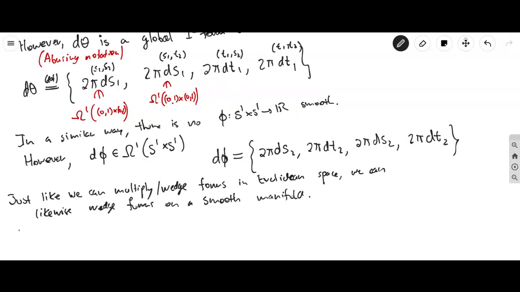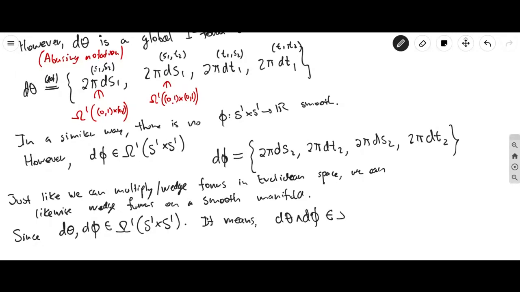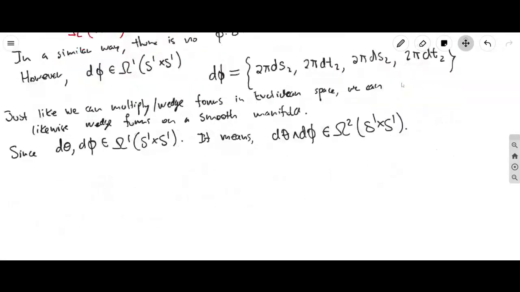So since d theta and d phi are globally defined one forms on our smooth manifold, it means that you can wedge them. And when you wedge them, you will now get a globally defined two form on your torus, on your manifold.